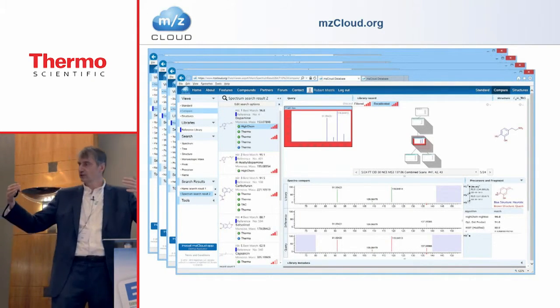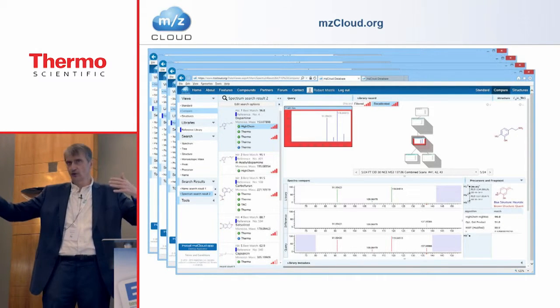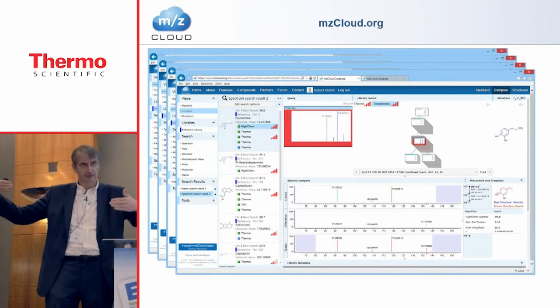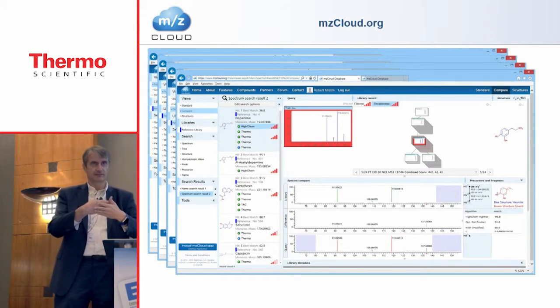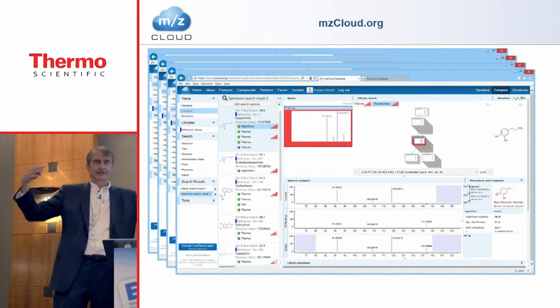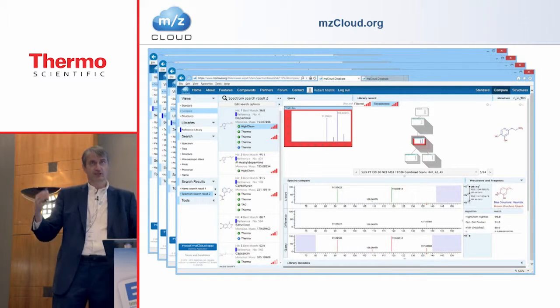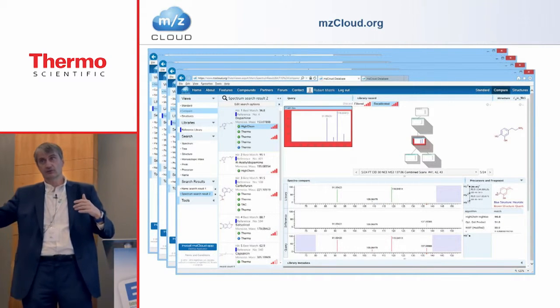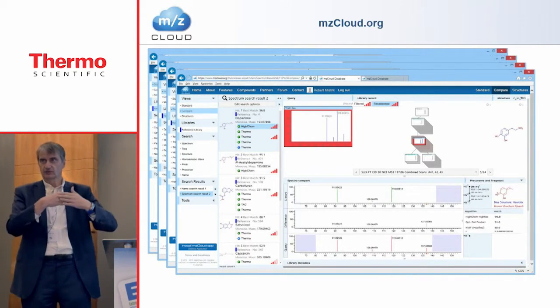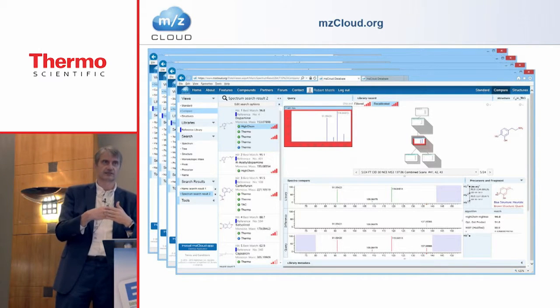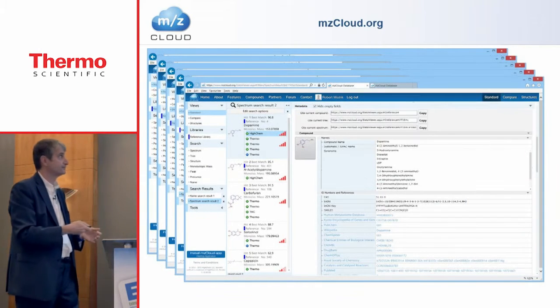And the search algorithms match your unknown with all the experimental conditions and try to find the best match. So in the database, we have all the information. On the experimental side, you don't need to have all the information. We will try to pair this information and get the best match.